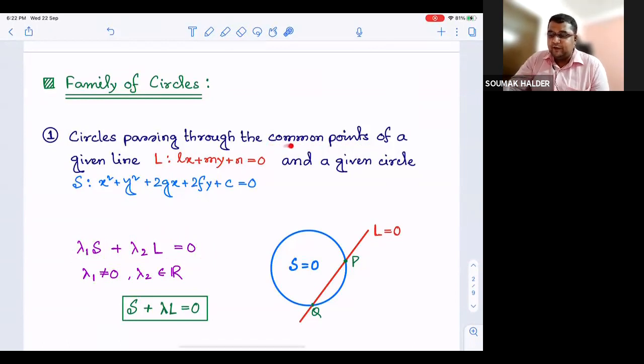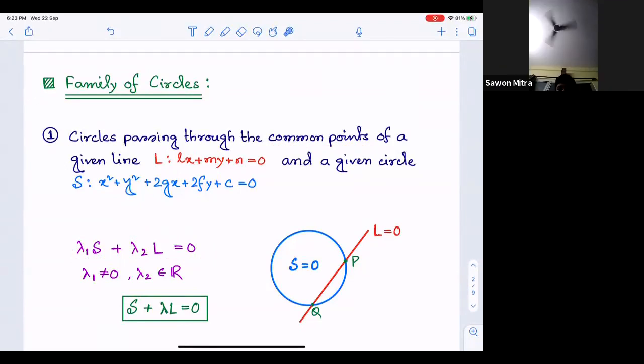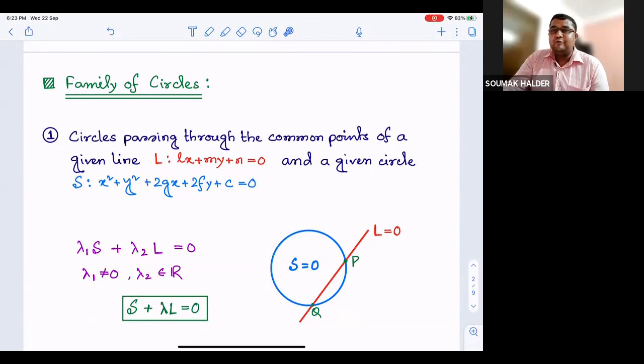So we can believe even if there are not two distinct points in common, but instead we do have a tangential point of contact, still this idea will be true. And this has given us a very easy conclusion that for S is equal to 0 a given circle and L is equal to 0 a given line, we can always think of all possible infinite circles that can pass through their common point or points, represented as S plus lambda L is equal to 0.